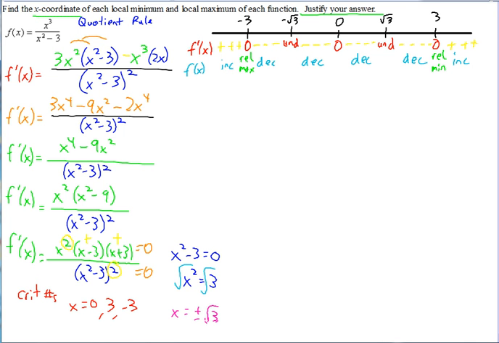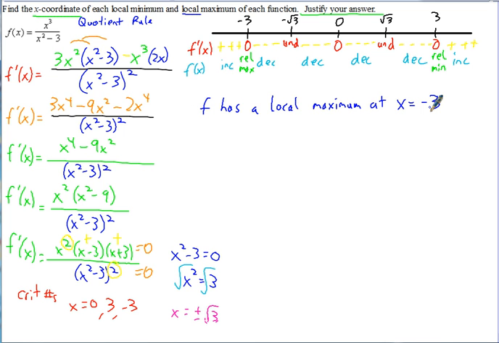So, let's say f has a, now here it refers to it as a local, so I'm going to do that in my answer. Same thing as relative, though. f has a local maximum at x equals negative 3.